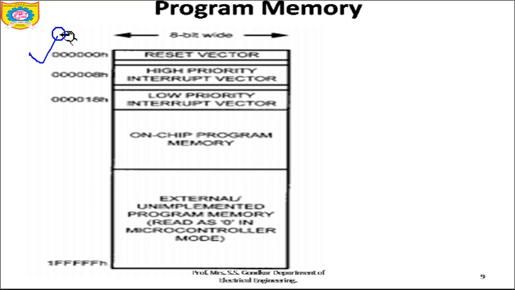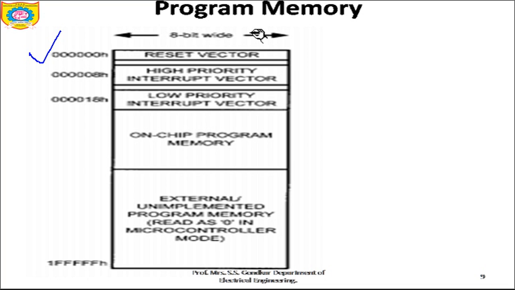Therefore the first opcode of the instruction in the program must be burned into this location only. This is achieved using the organization instruction in the program. Each address in the program holds 1 byte, and 8 bits is equal to 1 byte.